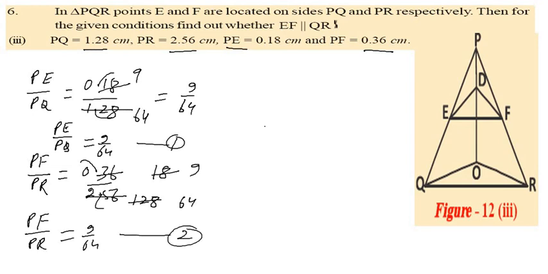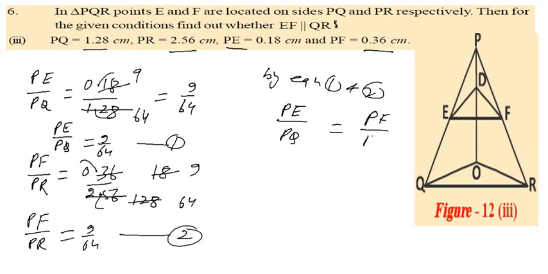So that will be your equation second. By equation first and second, PE upon PQ will be equal to PF upon PR. So that means EF is parallel to QR, and that will be your answer.